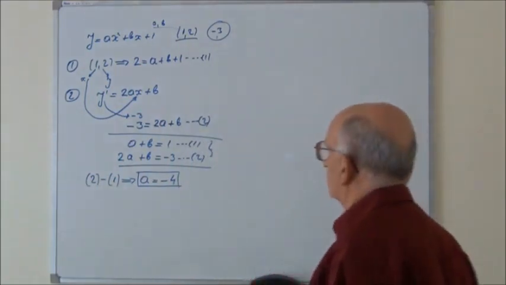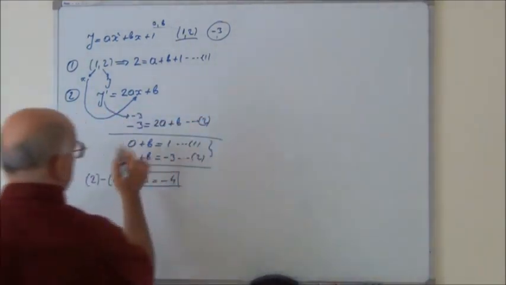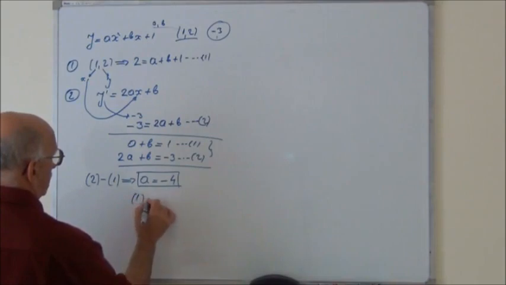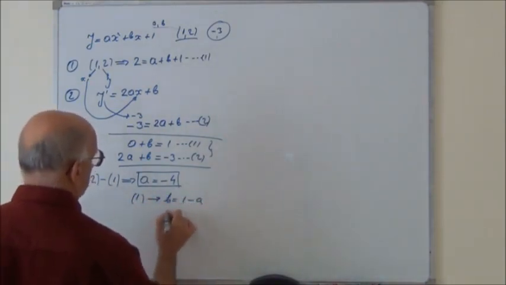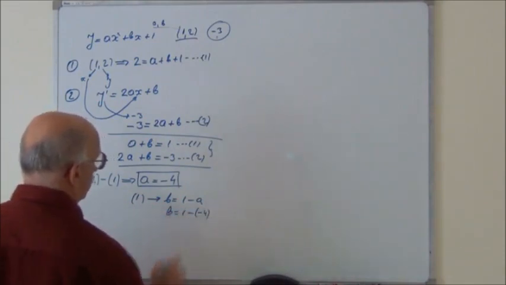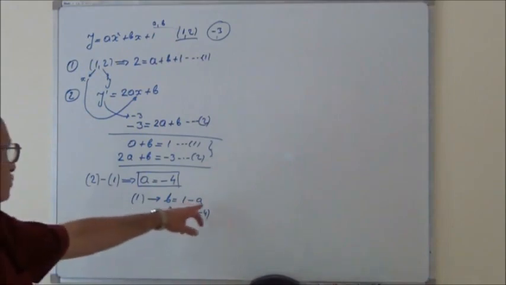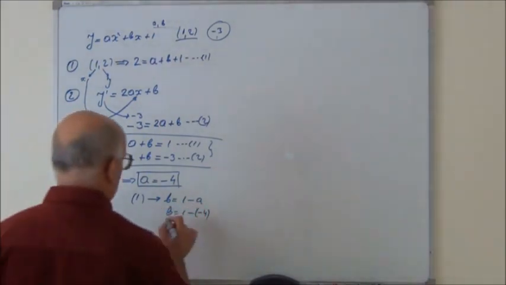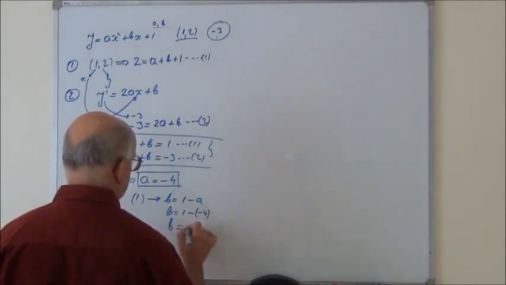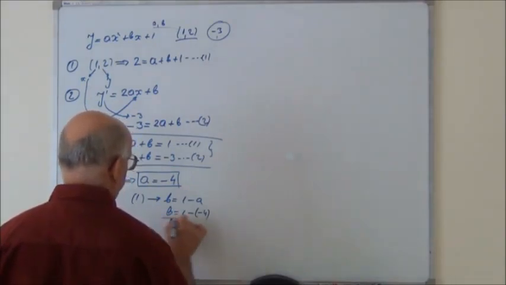Now to get the value for b, it's very simple. From equation 1 we have b equals 1 minus a, so b equals 1 minus minus 4. Don't make a mistake here, because it is minus a, but a is negative, so b is equal to 5.